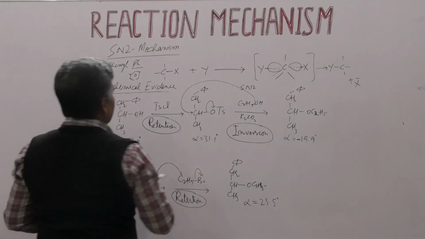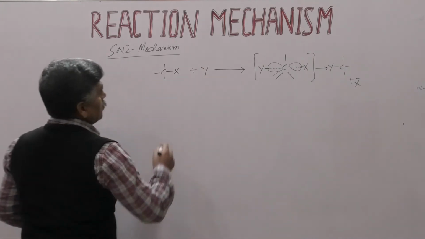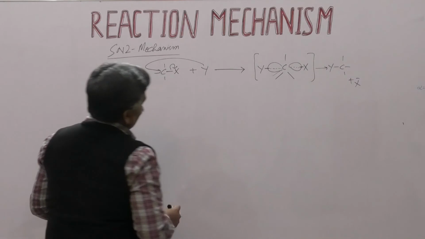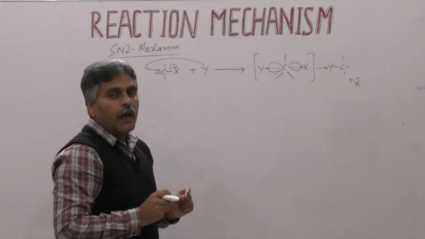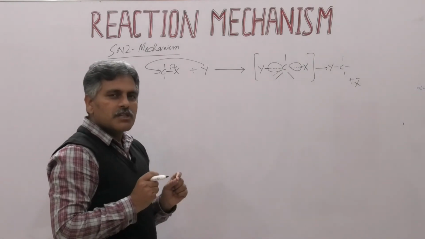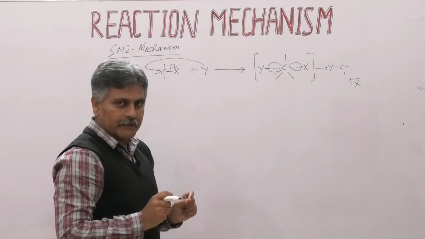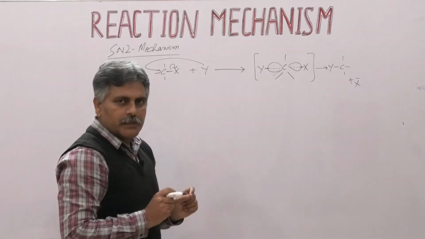Another kind of evidence is, as we propose in the case of the Sn2 mechanism, this nucleophile attacks from the opposite side of this leaving group. If we have some substrate which possesses the leaving group, but in this substrate backside attack is not possible because of steric factors, then these substrates do not give nucleophilic substitution reaction.